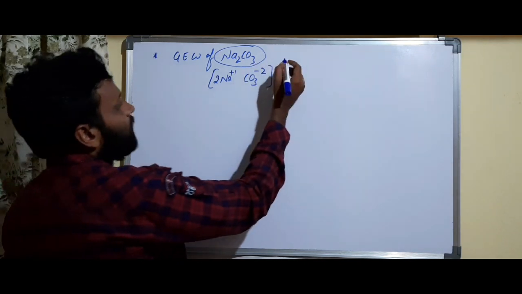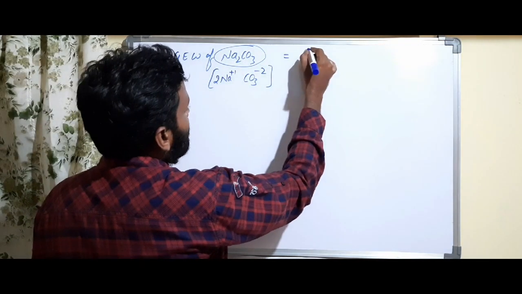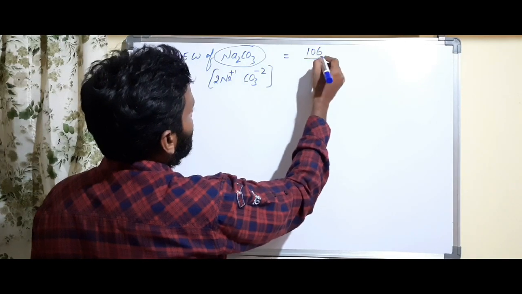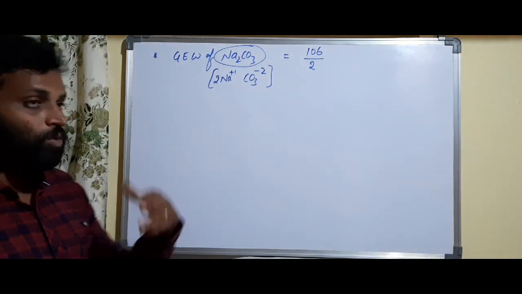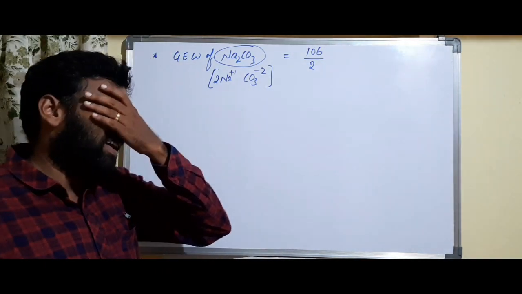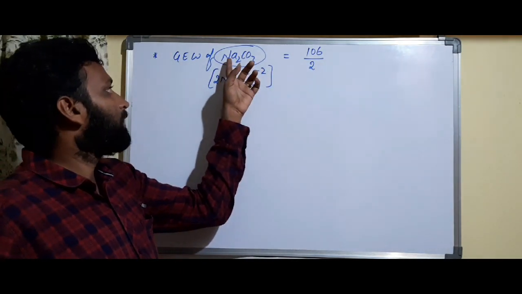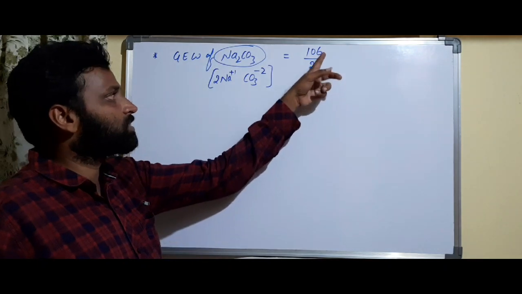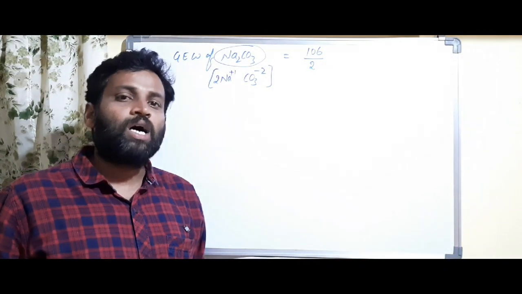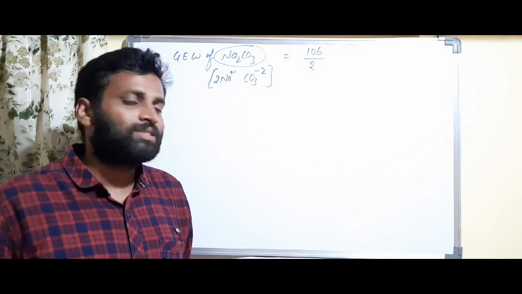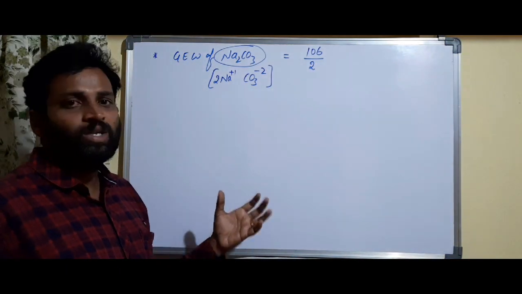So the gram equivalent weight of Na2CO3 is 106 divided by 2, not by 1. Few people, being hyperactive, will say Na is plus 1, so 106 by 1. No, we have to consider the total cation charge.